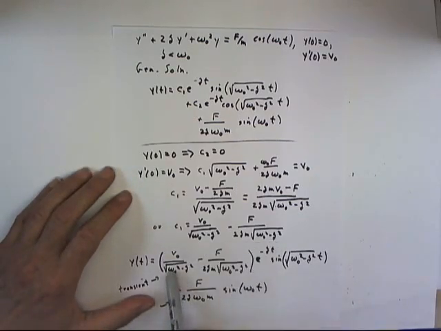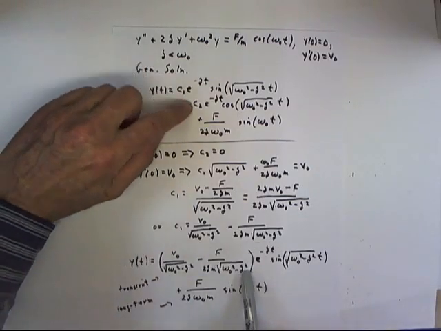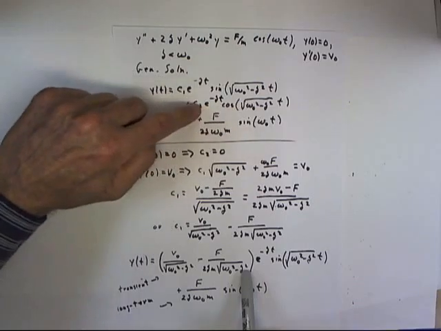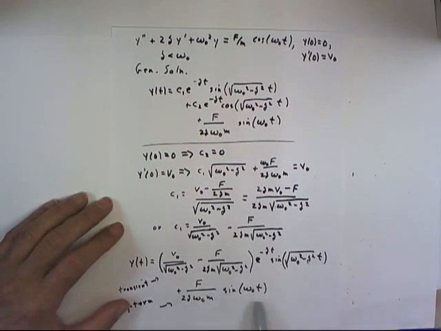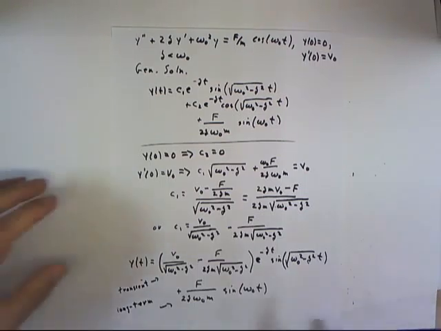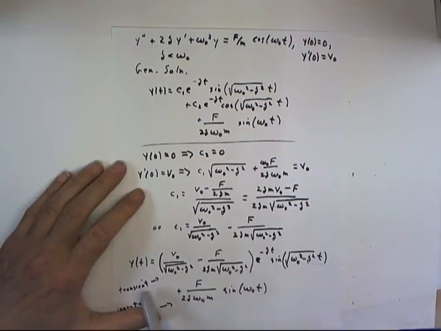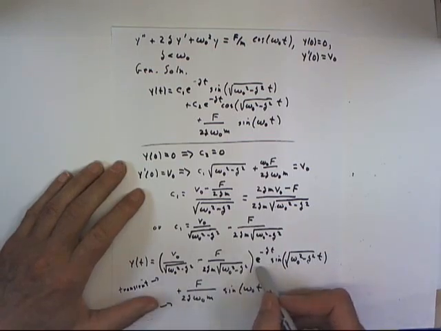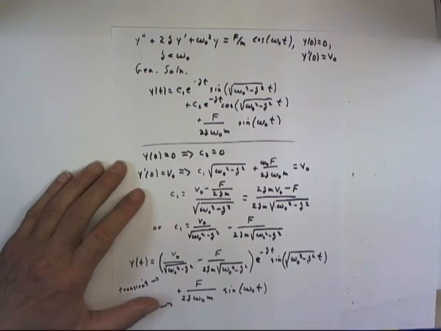Plugging our value for C1 in, and with C2 equal to 0, so this term disappears, we're left with this solution function. Our transient consists only of this first term. It's transient because it has the factor e to the negative delta t, which approaches 0 as t approaches infinity.